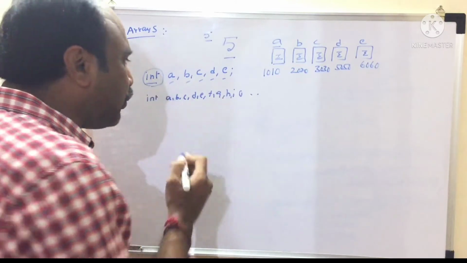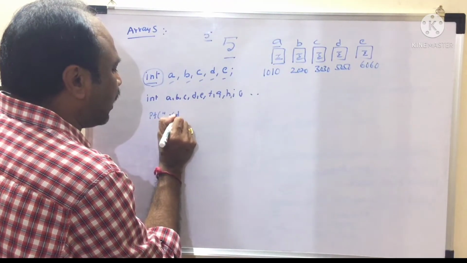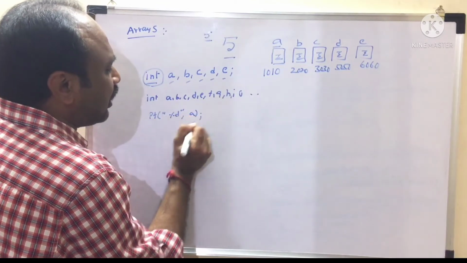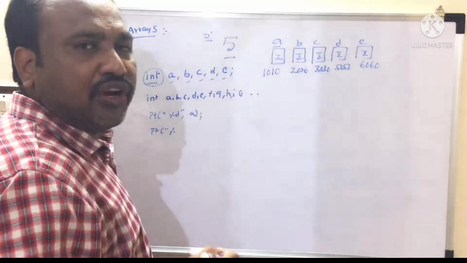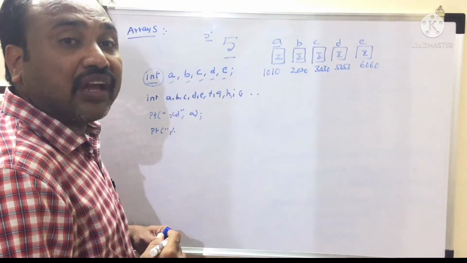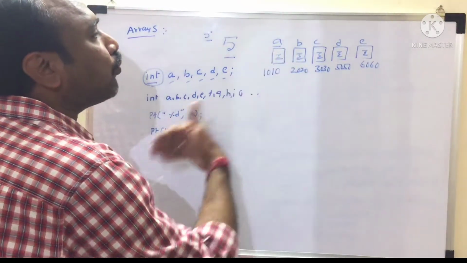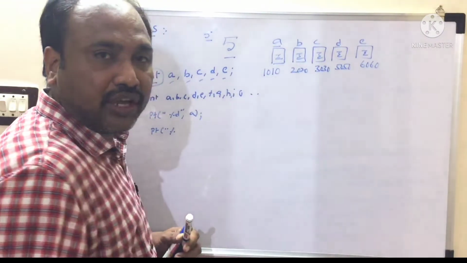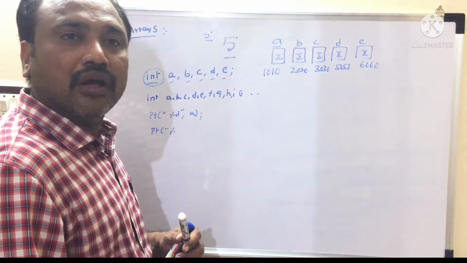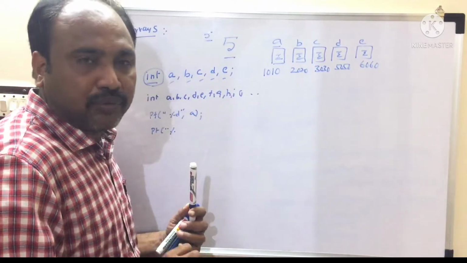When I print the A value, printf percent d comma A. When I print B, printf percent d comma B. All these values are stored in different addresses. That's why it will take more time to access the data, because all these values are stored in different locations with different names.